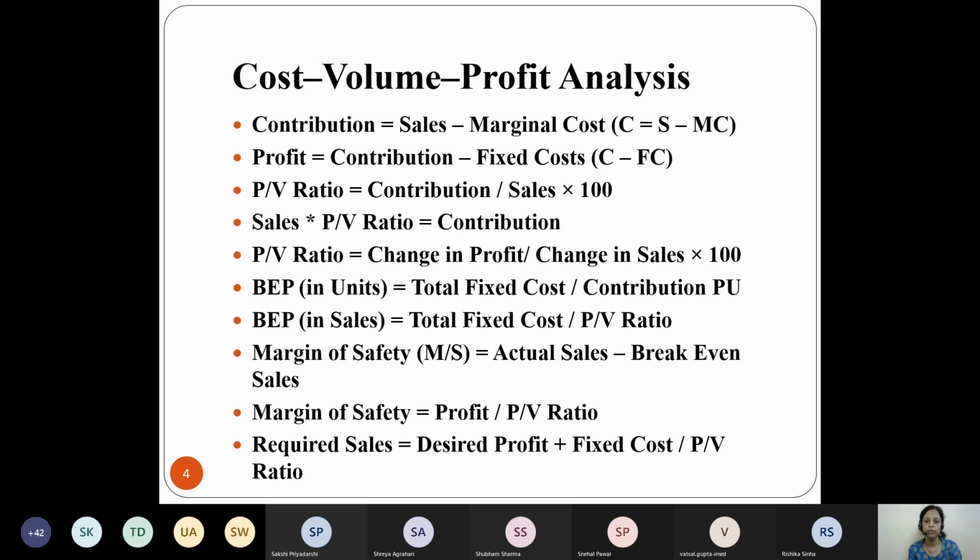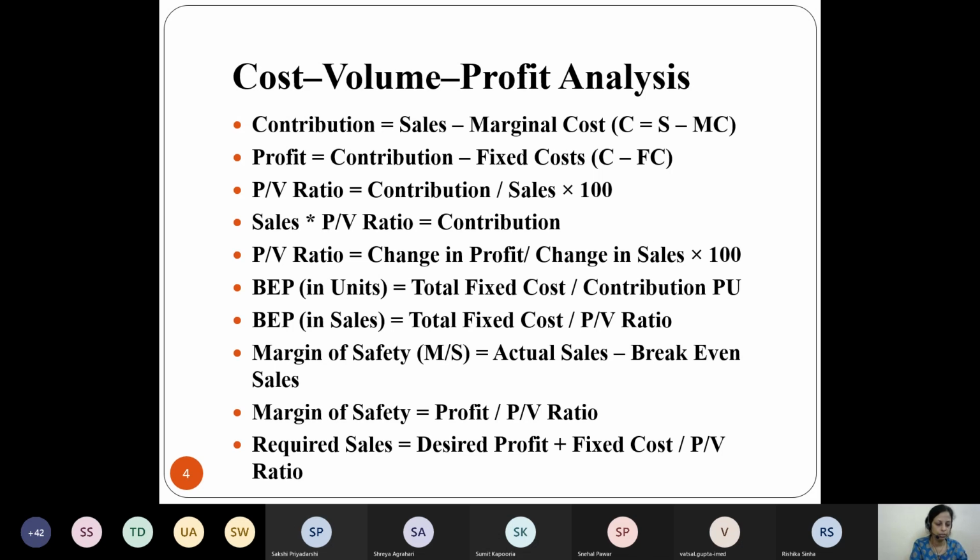Then next is break even point in units. Now, anyone knows what is break even point? Ma'am, when there is no profit, no loss, total cost is equal to total revenue. Correct. Very good. So why is break even point calculated? You have to reach the minimum level to earn the profit, and that is called break even point.